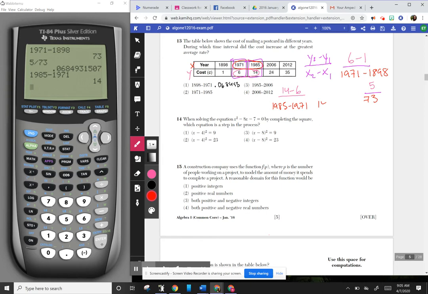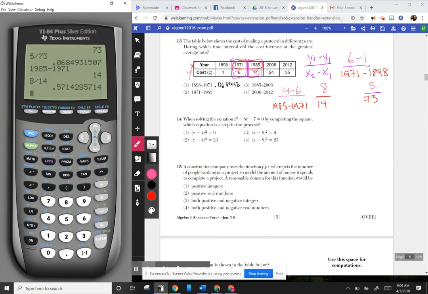We're going to have 14 in the denominator. And 14 minus 6 is 8. And 8 divided by 14 is 0.571428. Okay, so already it wants to know which is the greatest. So it's already not 1, because 2 is larger.